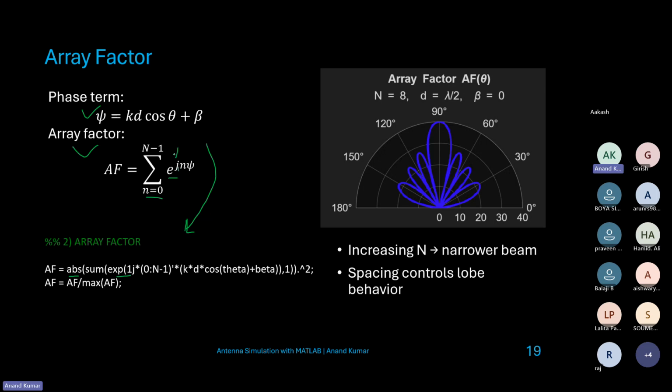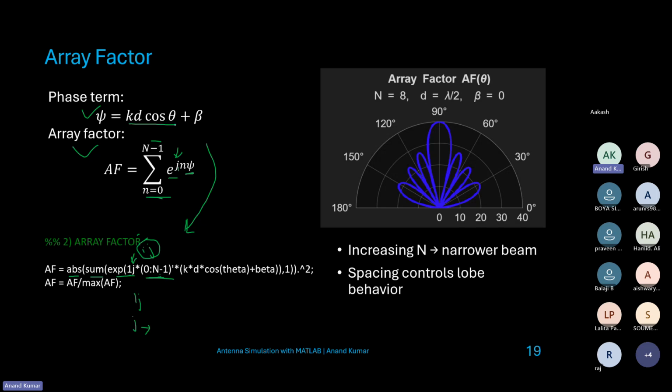To write this imaginary number, we use 1j, because just j is a variable. MATLAB understands 1j as i or j for imaginary things. Because we are using a sum function, it should have a vector inside. So 0 to n minus 1 over here, and then we had psi over here.